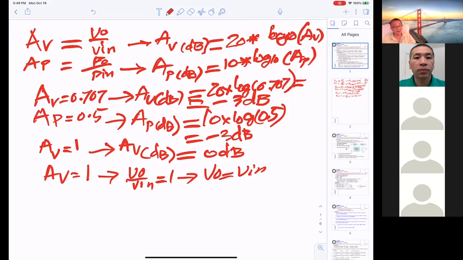Now, V out equal V in. That is only telling you if you apply 10 volt peak to peak, the output coming out is 10 volt peak to peak. V out and V in are the same. That's what they're talking about. No loss.